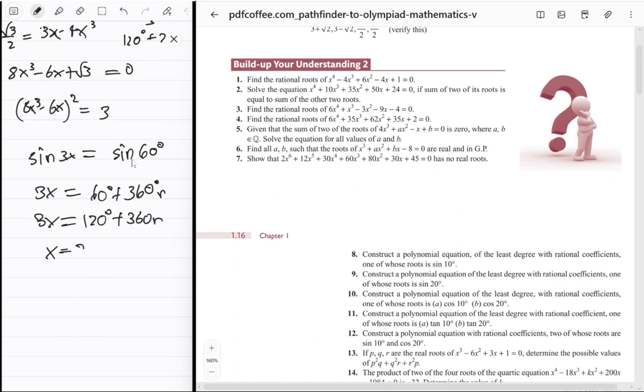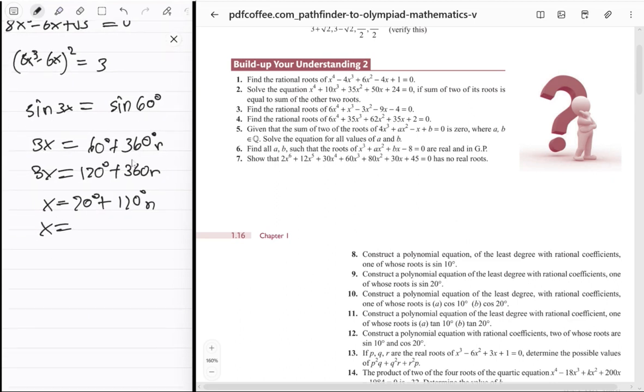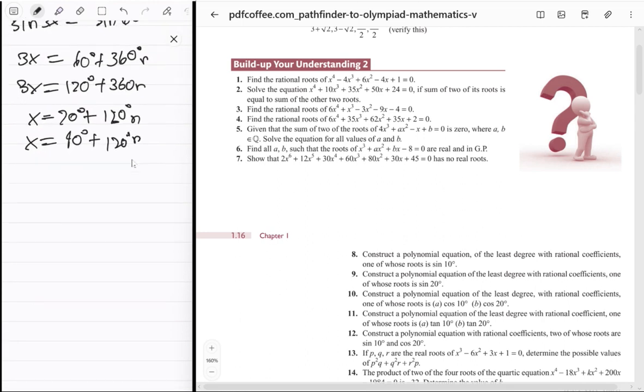So x could be 20 degrees plus 120 degrees n, or x could be 40 degrees plus 120 degrees n. So we already got these 2 values. What about this plus one? That's 140 degrees, but it has the same sine value. So how does it even help?